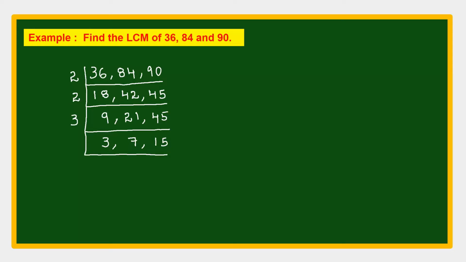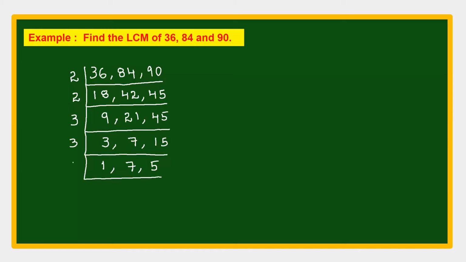Again we have to continue the process till we get remainder 1. So again 3 and 15 will be divisible by 3. 3 1s are 3. We will mention as it is 7 because 7 will not be divisible by 3. Next 3 5s are 15.